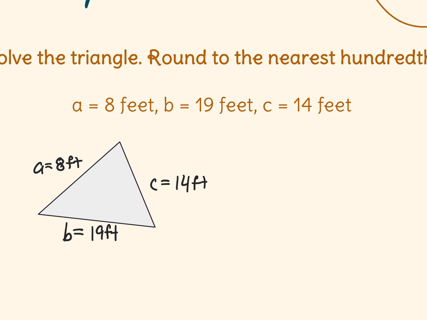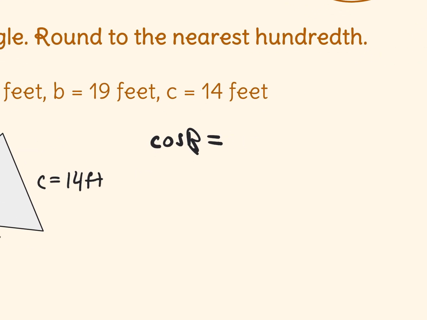All right, so if you look above, you're checking on one side of your equation. What do we see? There should be one that says cosine of B. All right, cosine of B equals what? Good. A squared plus C squared minus B squared divided by, you said 2AC? Nice.